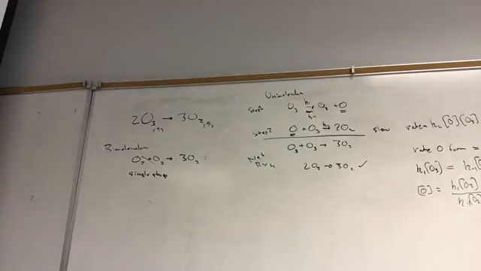Then we substitute that back into this equation here. So we get the rate is equal to K2, now substituting this whole thing, with K1 times the ozone over K minus 1 times the O2 plus K2 times the ozone, times the ozone concentration.